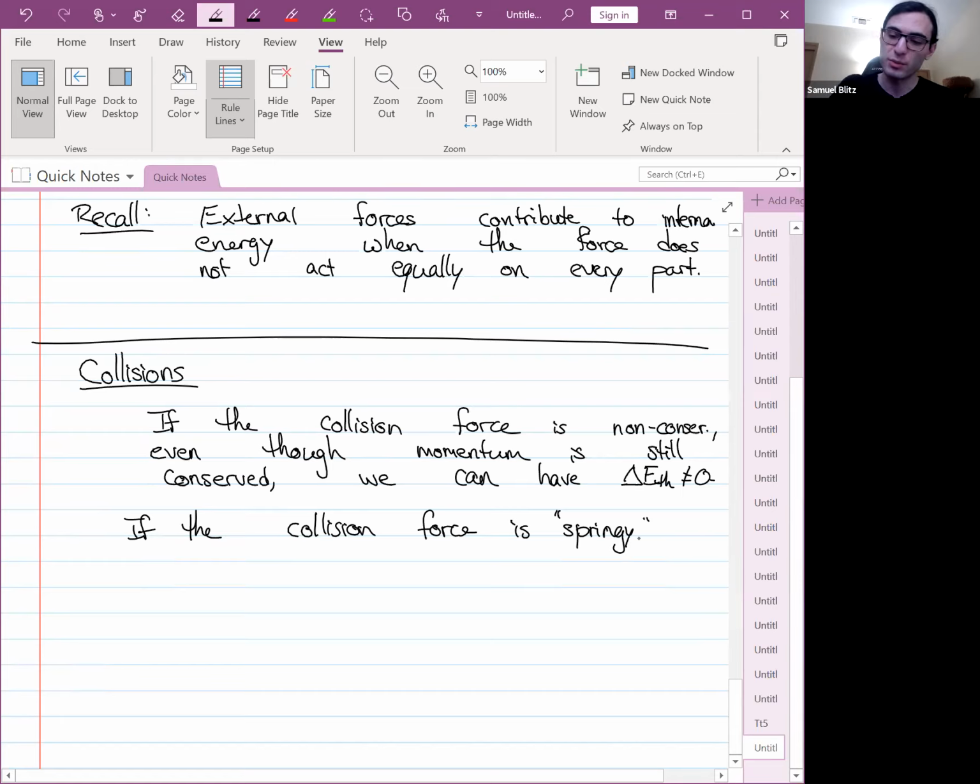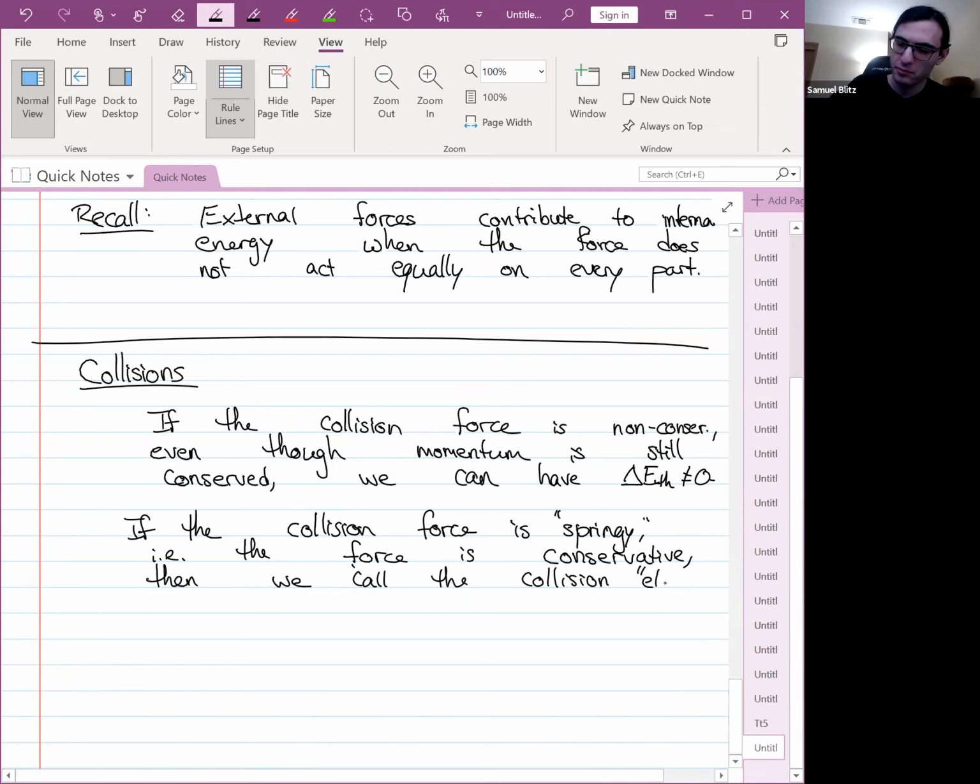So if the collision force is springy, i.e. the force is conservative, then we call the collision elastic. That's a name we give it.